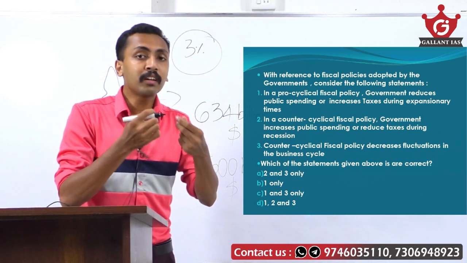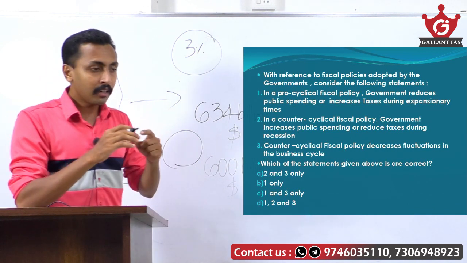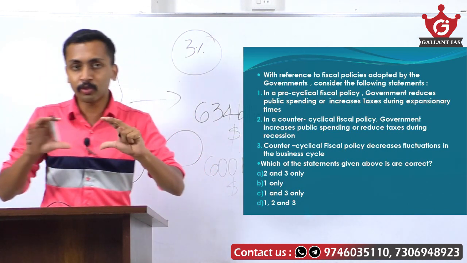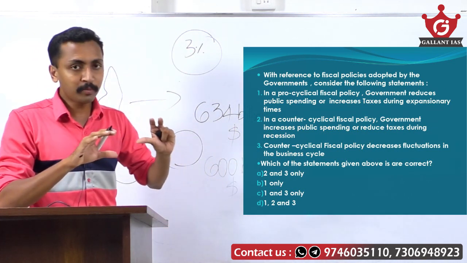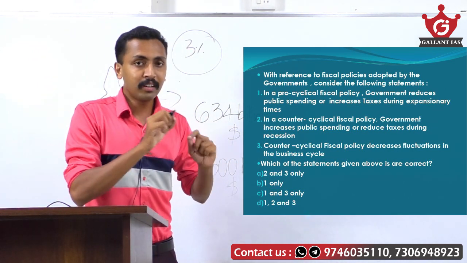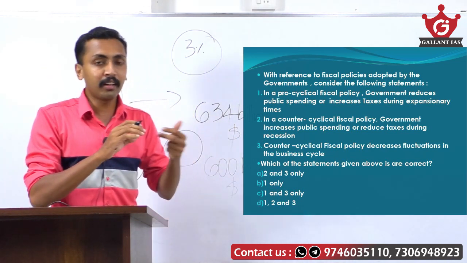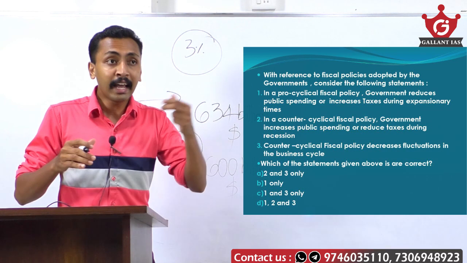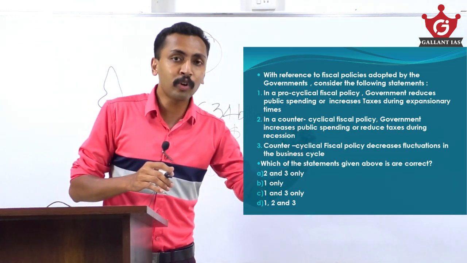What is pro-cyclical fiscal policy? During a recessionary time, there is little spending, little investment, and the government also is not spending or investing, keeping their money in their hands and increasing taxes. So the government acts according to the economic condition.